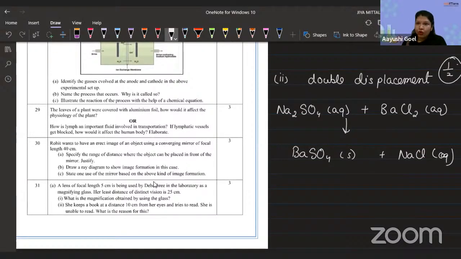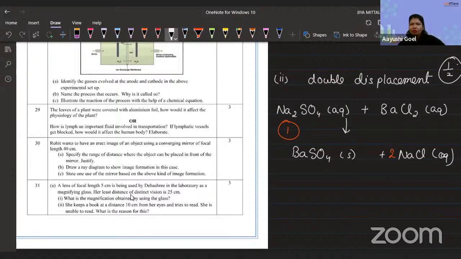If you don't balance this equation, you will be getting half mark. Write it right to here, and you will be getting full mark. That is absolutely correct. Try to write the states as well. It will help you create a good impression in front of the teacher and give you the full mark.